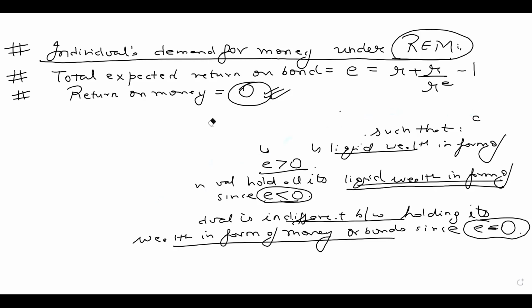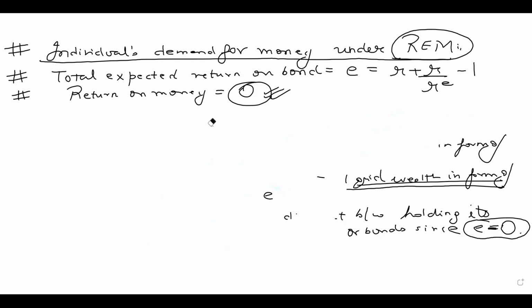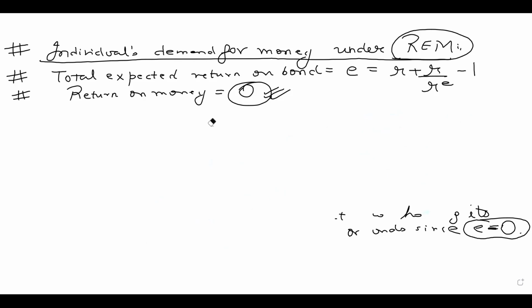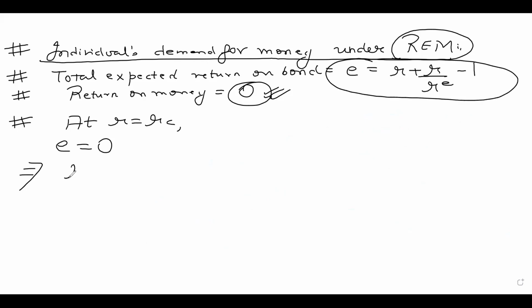So I'm erasing all this off. And quickly we can derive the critical interest rate, RC, which is going to be as follows. I can write at R exactly equal to RC, E is equal to 0, which implies, what is E, guys?